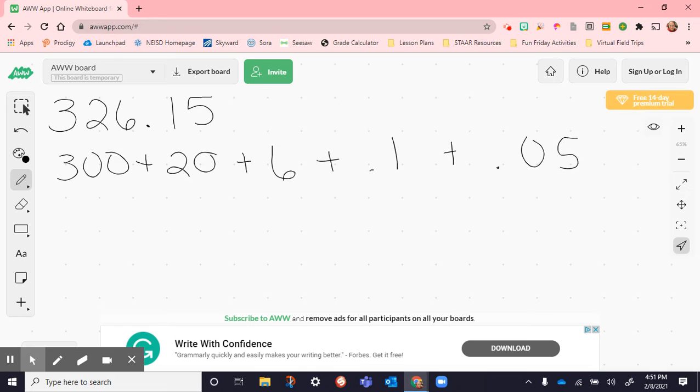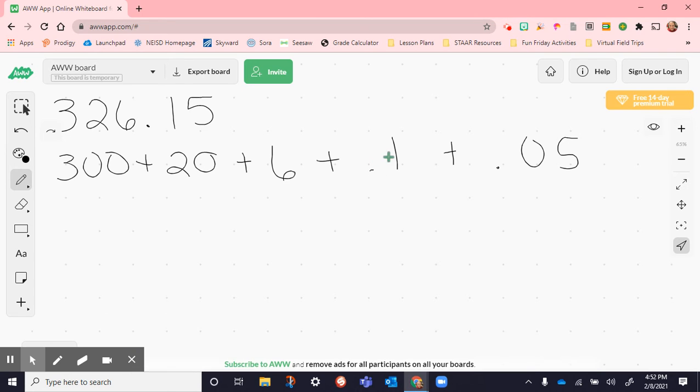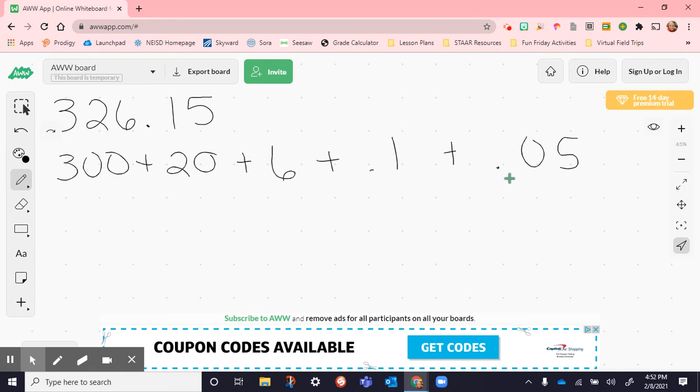If the 3 is in the hundreds place, that's like 100 plus 100 plus 100, which would equal 300. So 300 plus 20 plus 6 plus 0.1, that 1 tenth, plus 0.05, the 5 hundredths, that would be expanded form.